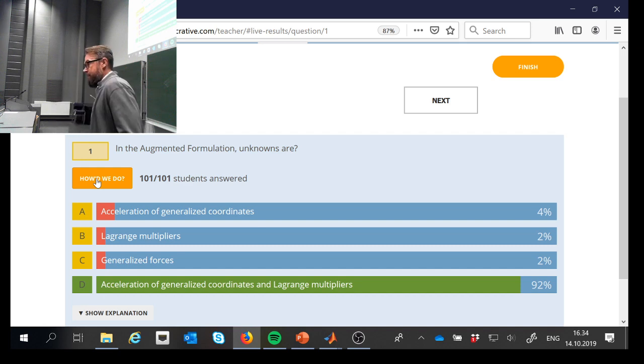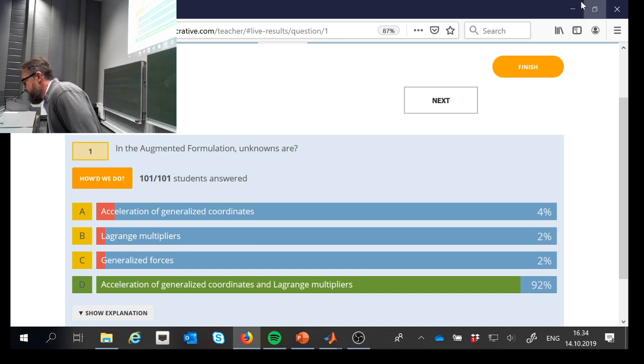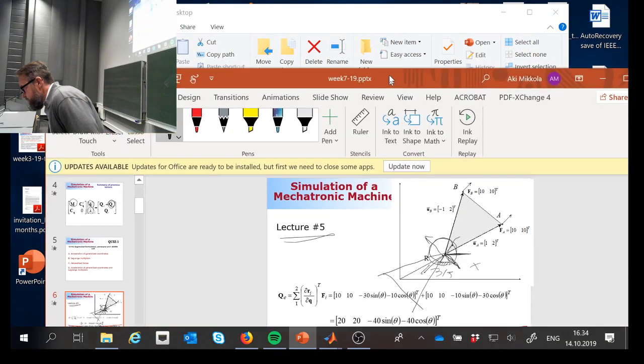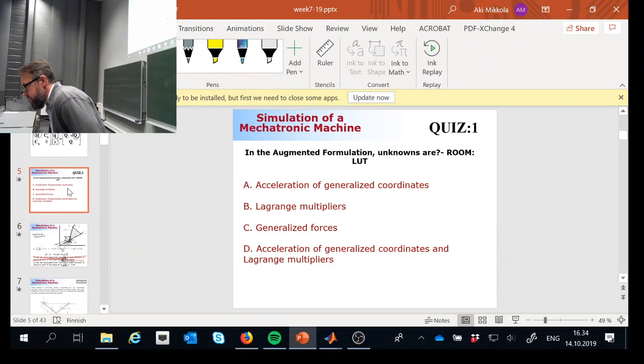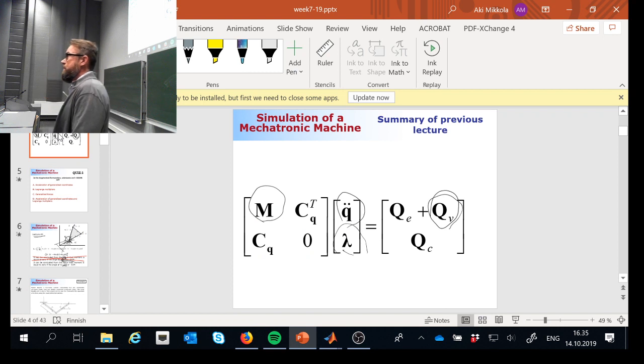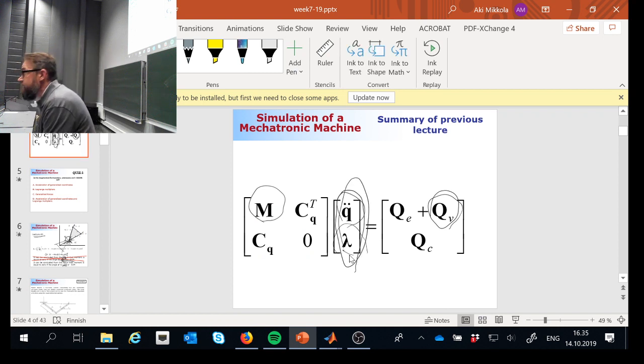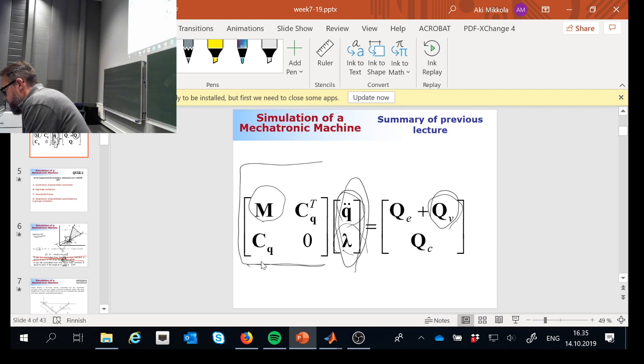So now, to give you the right answer, let's get back to this equation. This vector is the one that we're going to solve. How are we going to solve that vector? We're going to take this one here, which is called the system matrix, and invert it and put it on the right-hand side of the equation.